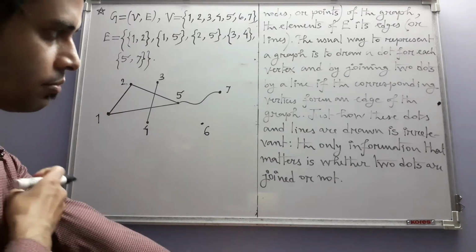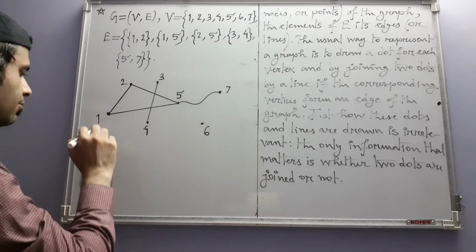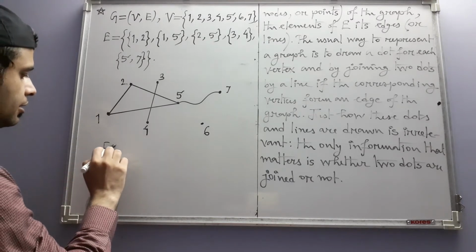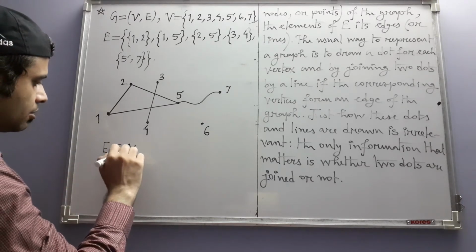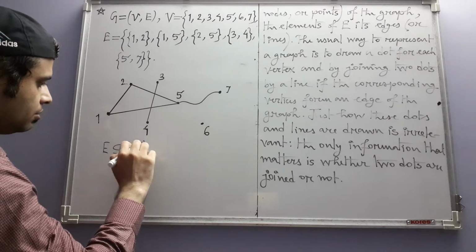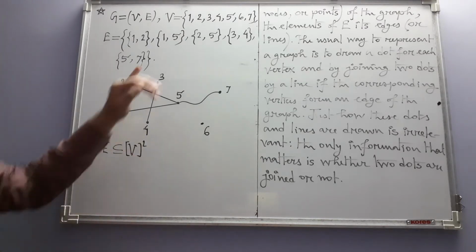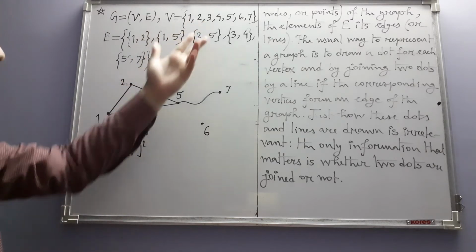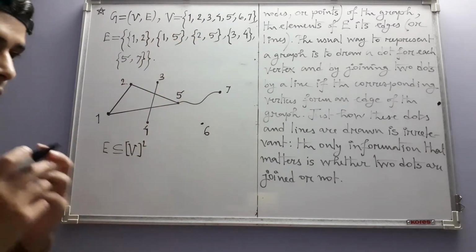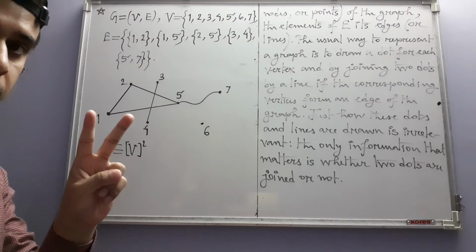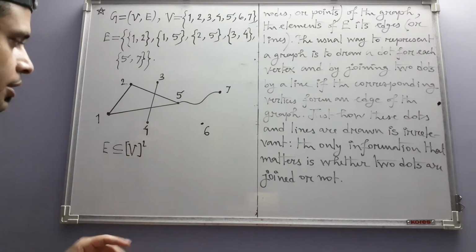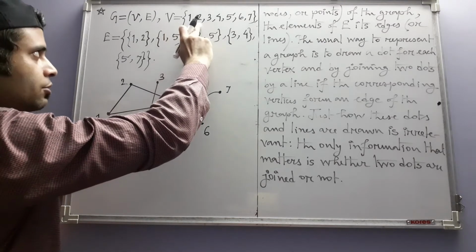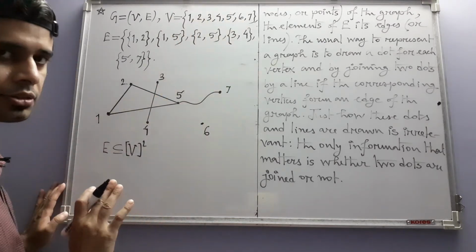Okay. Now, according to our definition, the second set E has to be a subset of V2. Now, for this particular V2, or in fact for any V, the elements in it are two-element subsets of V. Now there are many such subsets. Okay, we have 1, 2, 1, 3 is also there.